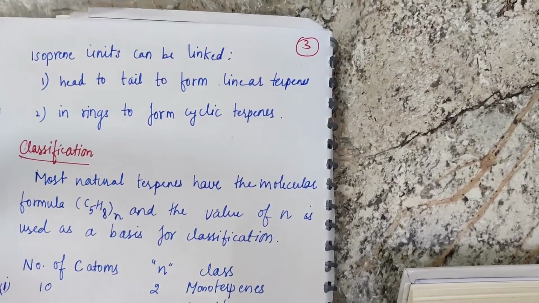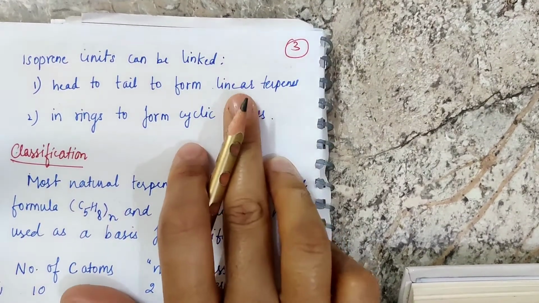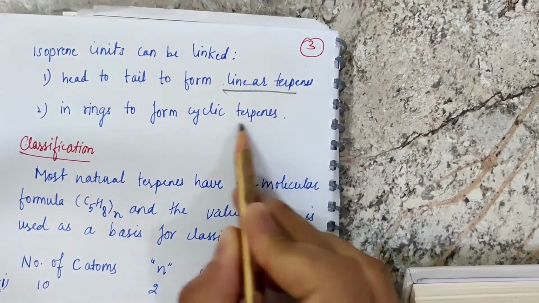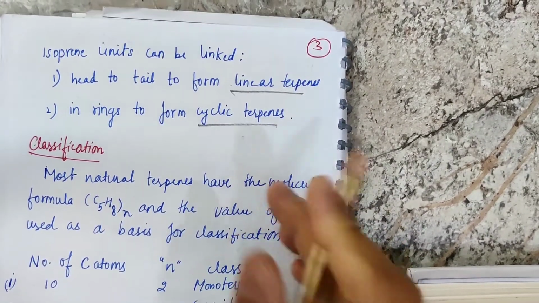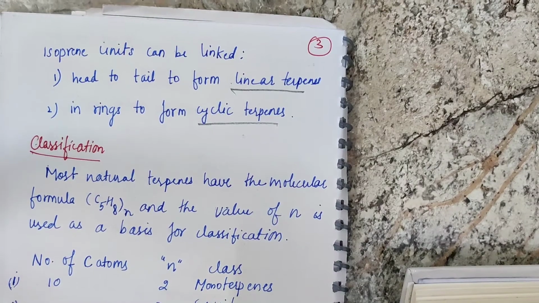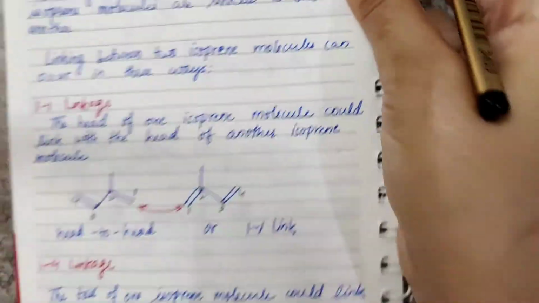Okay, so in 2 ways isoprene units can be linked to form a linear terpene or to form a cyclic terpene. Okay, before we go to the classification of terpenes, we'll study the Isoprene Rule.